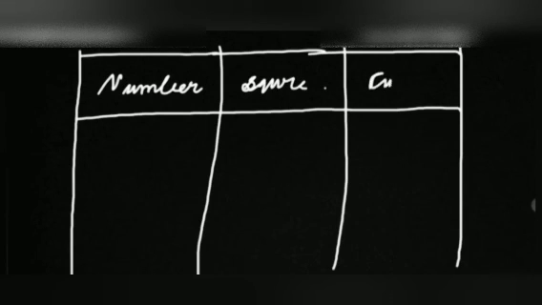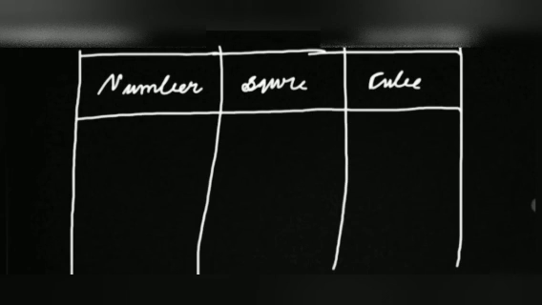In the first column, please write number, in the second column please write square, and in the third column please write cube. Number, square, cube.